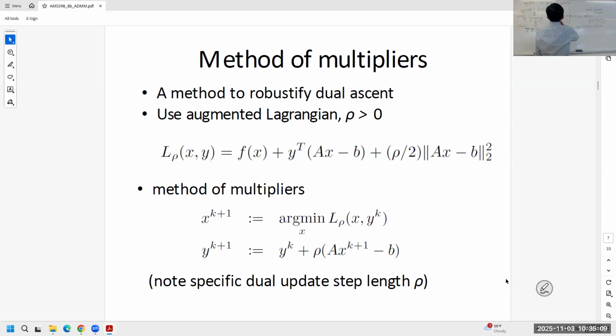Because minimize f(x) subject to Ax minus b equals 0 is equivalent to minimize f(x) plus rho over 2 times the square of the L2 norm of Ax minus b, subject to Ax minus b equals 0.